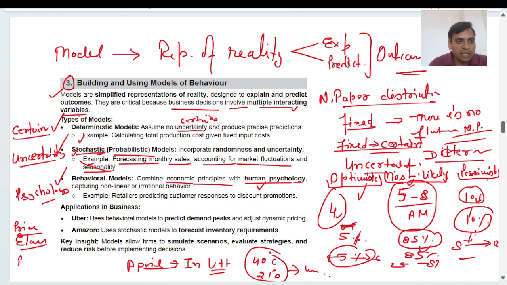So if price increases, sometimes demand also increases. If price increases, sometimes demand decreases because of purchasing capacity. Just like in case of gold, as the gold price is increasing, demand for gold may decrease, right? So this depends on human behavior. Some people say gold is increasing, we can't purchase. So in that situation, the demand for gold is decreasing as the price is increasing.